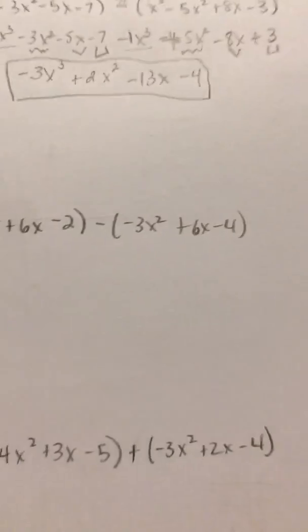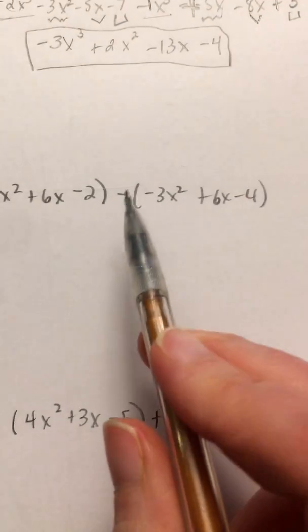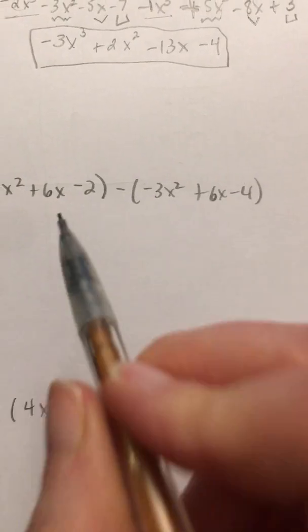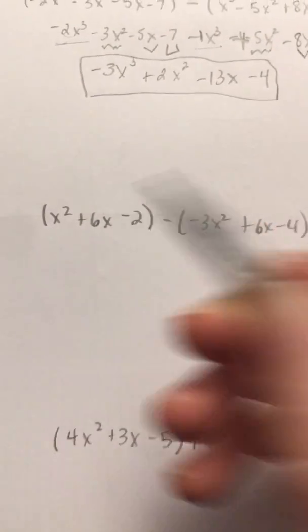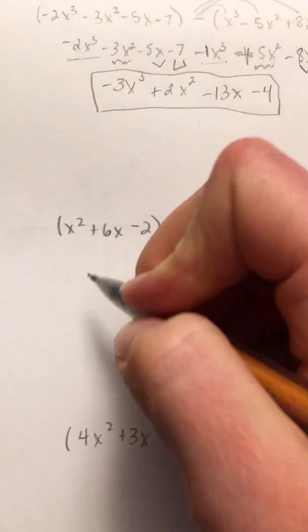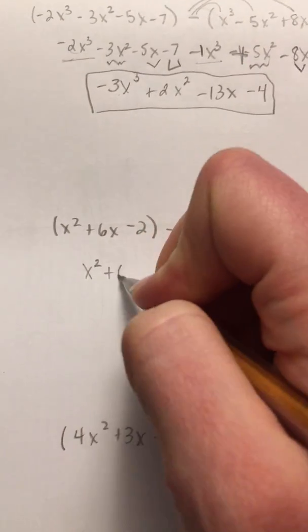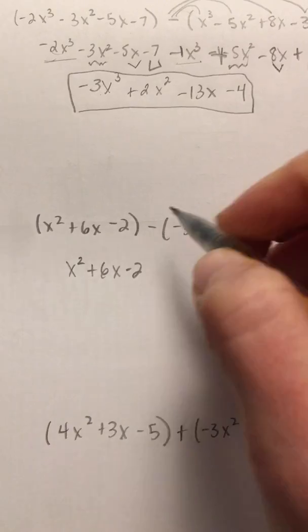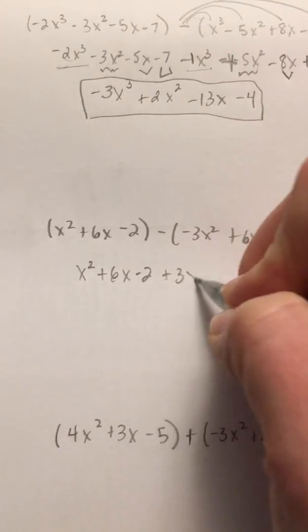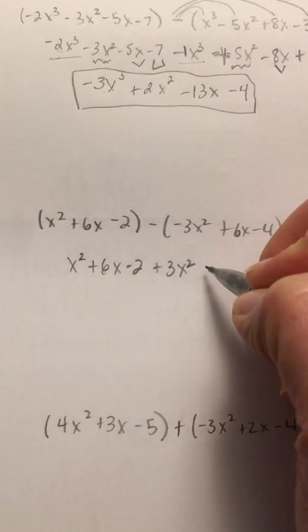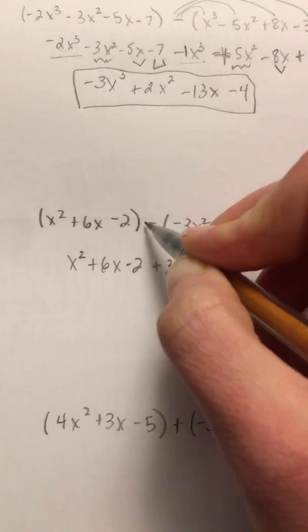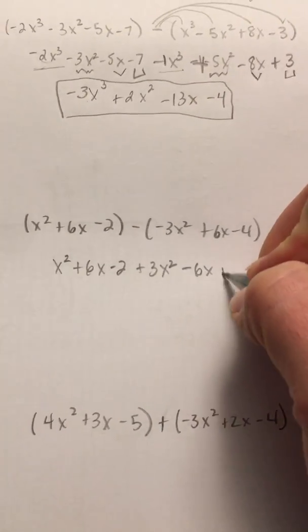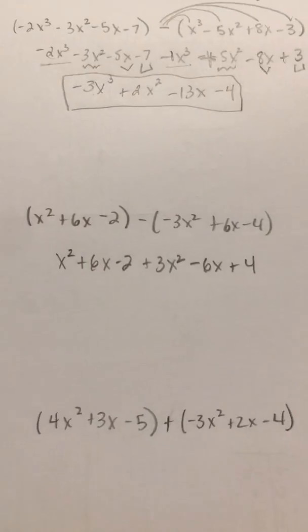Okay, let's practice another subtraction. We subtract all of these terms. All of these come down just the way they are. X squared plus 6x minus 2. Subtracting a negative 3x squared is going to become a 3x squared. Subtracting 6x is going to become a negative 6x. Subtracting a negative 4 is going to become a positive 4.